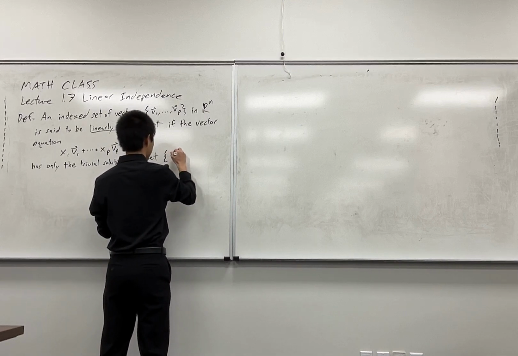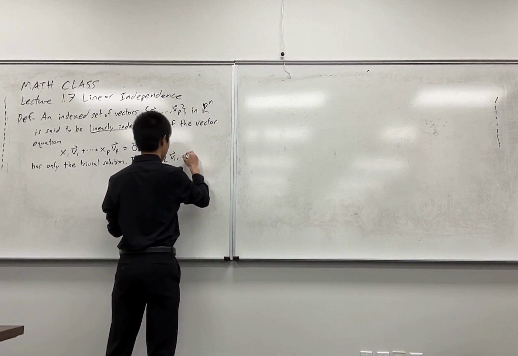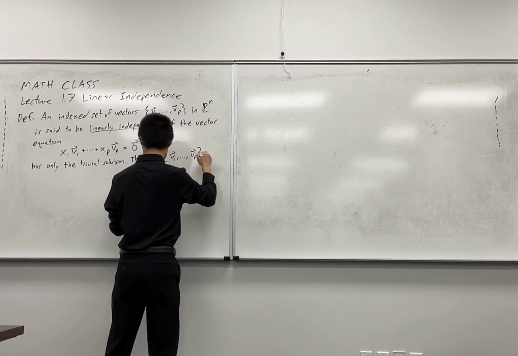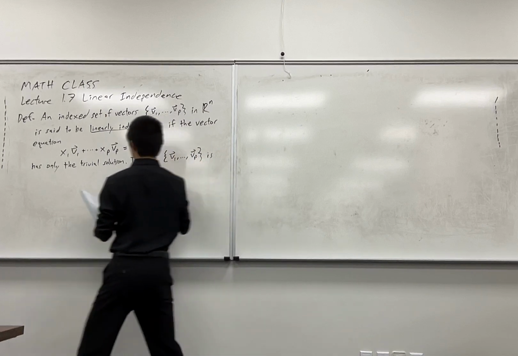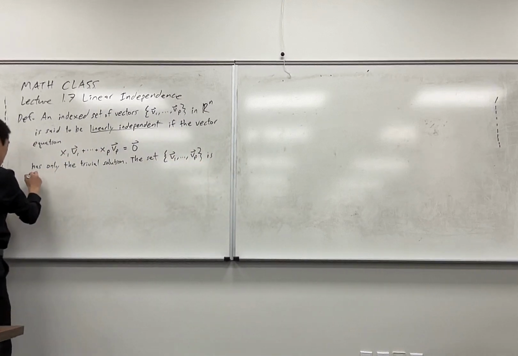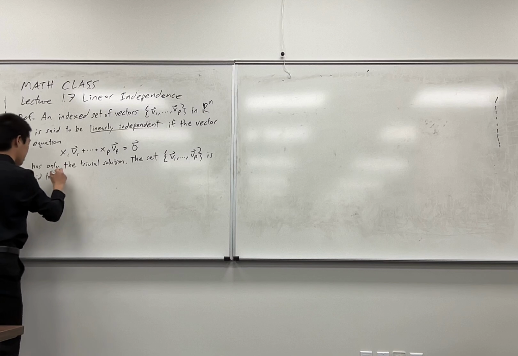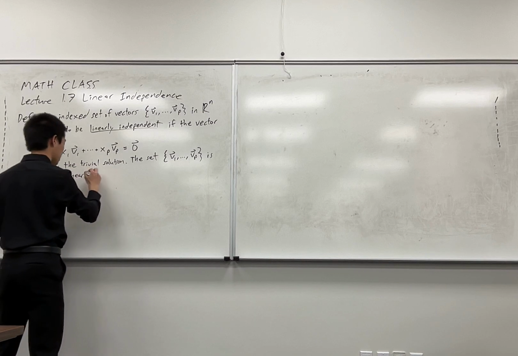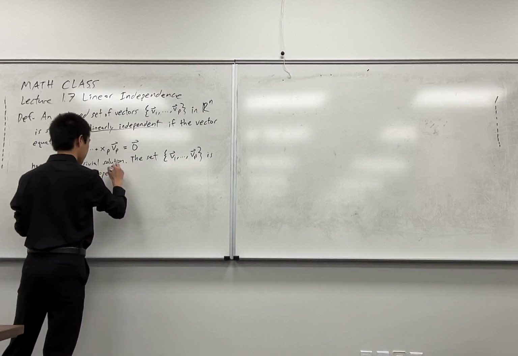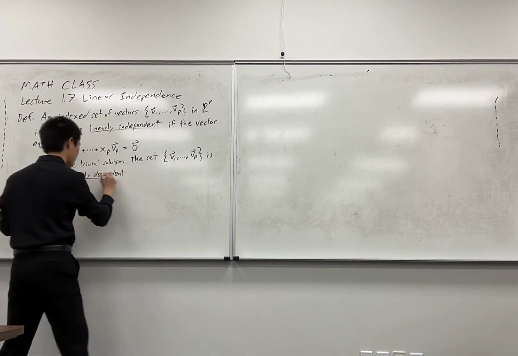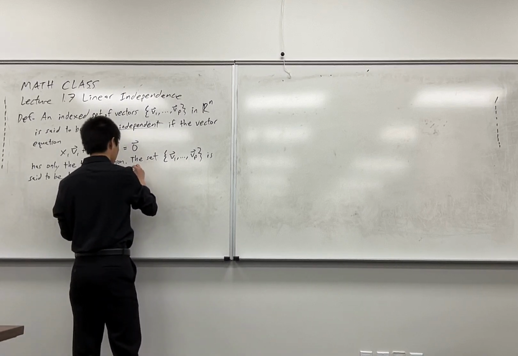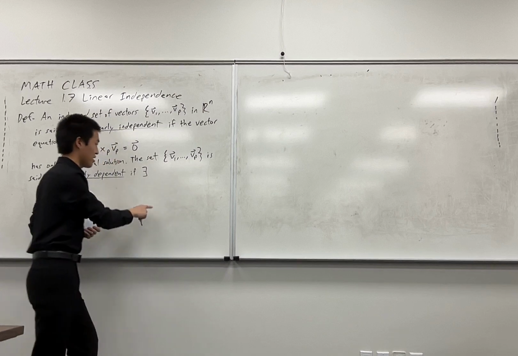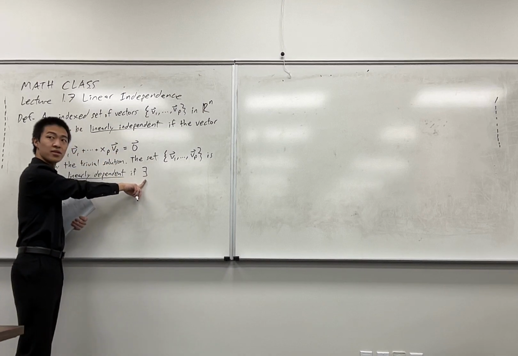The set, and then let's use the same set. So v1 through vp is said to be linearly dependent, if, okay, there's this funny math symbol shorthand. Do you remember what this one means?